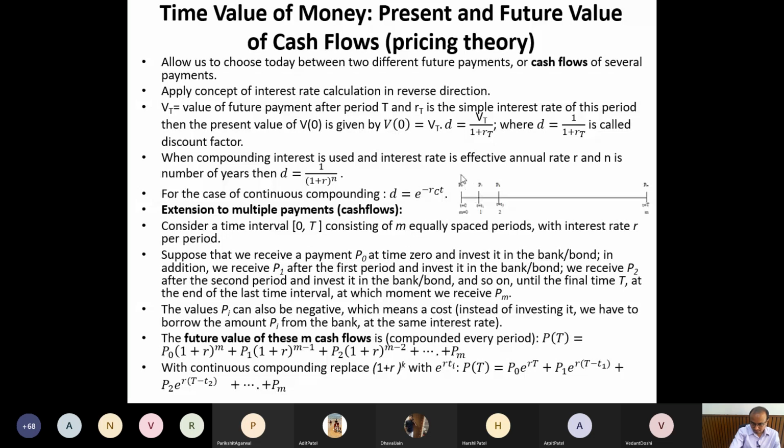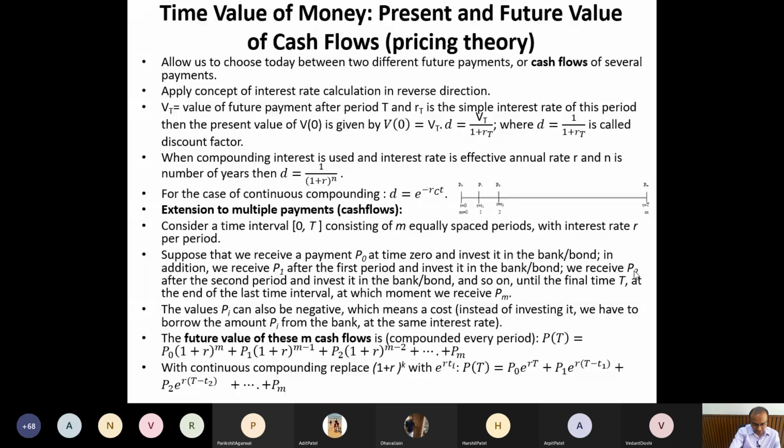Suppose I have amount P0 initially. Say I have income of P0 at time 0 and invest it in a bank or bond at this time. Once I invest, I receive some amount, say P1, after period 1, and I reinvest it in the same bank or bond, which provides the same type of interest rate.